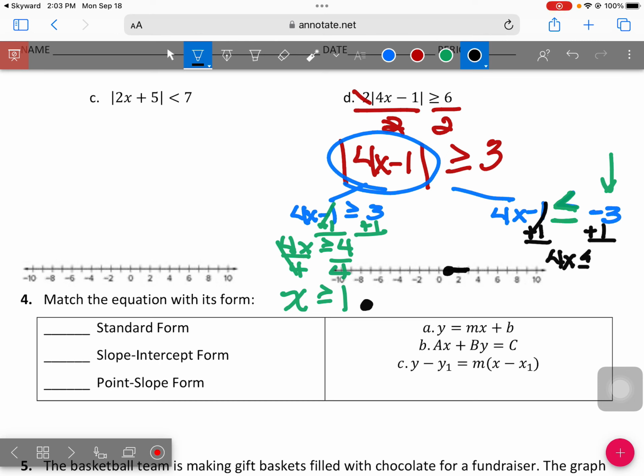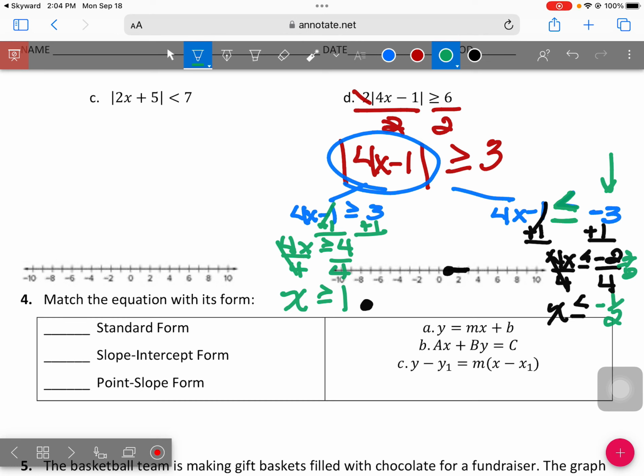4x is less than or equal to -2. Divide by 4, divide by 4. And it's not dividing by a negative, so I don't have to flip it again. X is less than or equal to -2/4. This is going to simplify to -1/2 or -0.5.